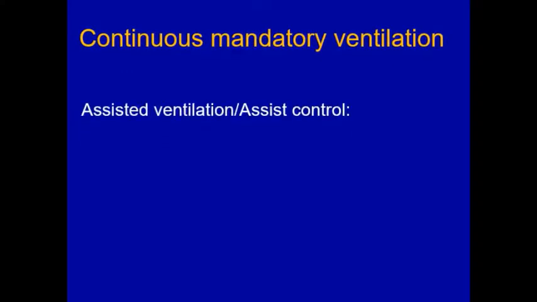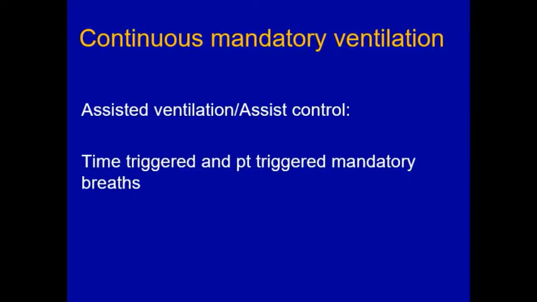Next is continuous mandatory ventilation, assist ventilation or assist control mode. In most of the ventilators, what we see is CMV or ACMV. The continuous mandatory ventilation control mode is replaced by ACMV in most of the ventilators.